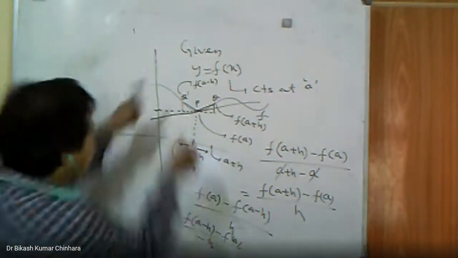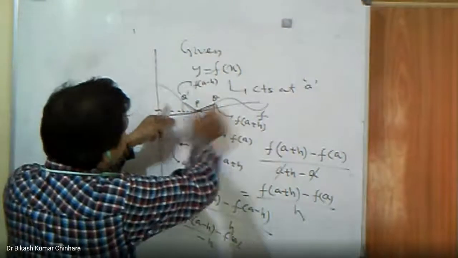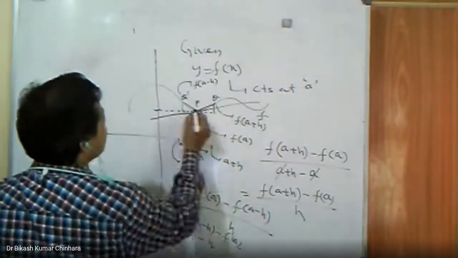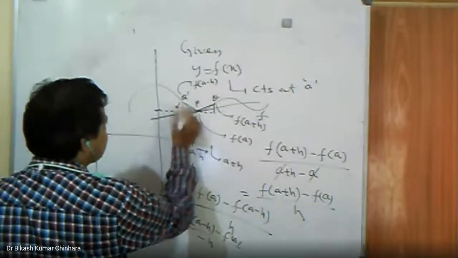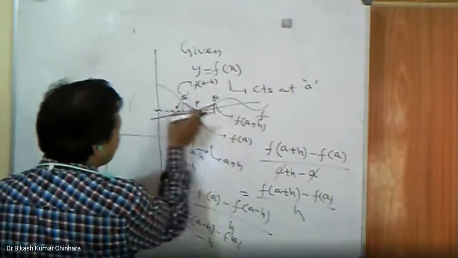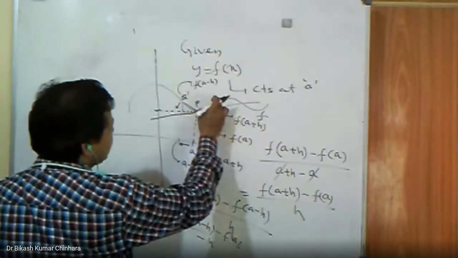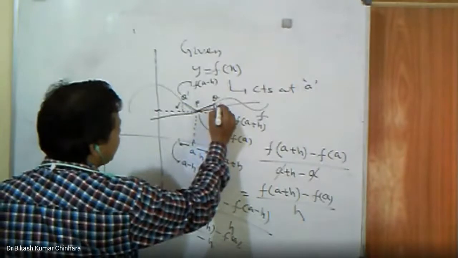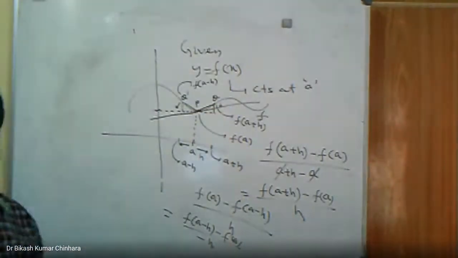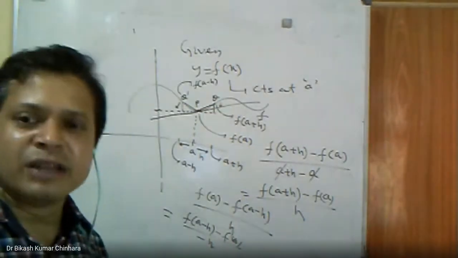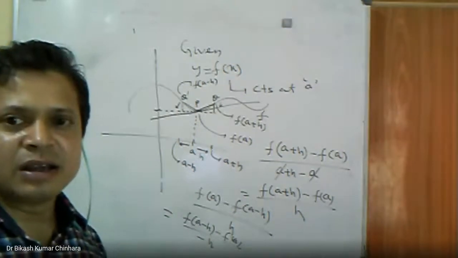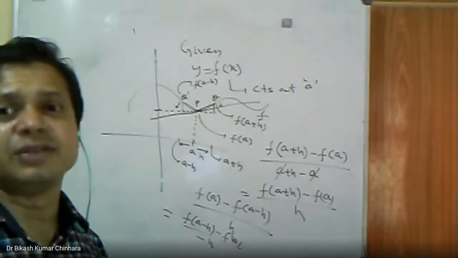So this thing will be here and this thing will be here. So are you getting or not? This PQ dash will lie on this tangent. Similarly, PQ will lie on this. If this is occurring, then I can say that I am defining a valid tangent.